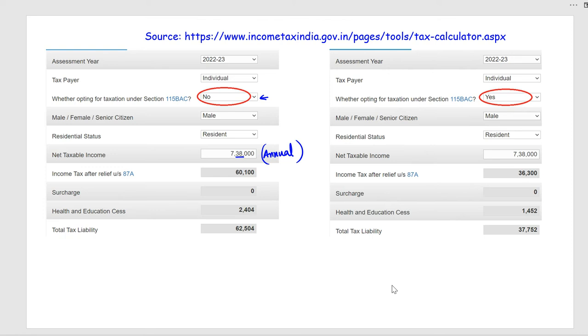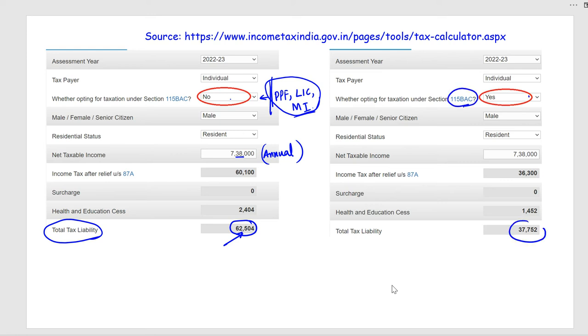Some schemes are there, for example PPF, then LIC scheme or medical insurance. If a person does not opt for these, then the total tax liability is 62,000. But if the person opts for this, then the tax liability will be reduced. The person has to pay less tax.